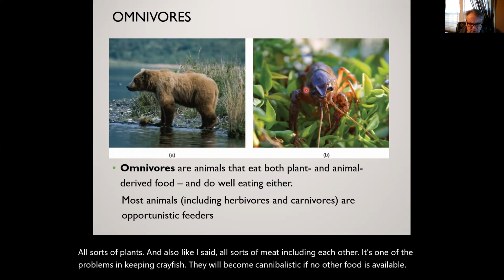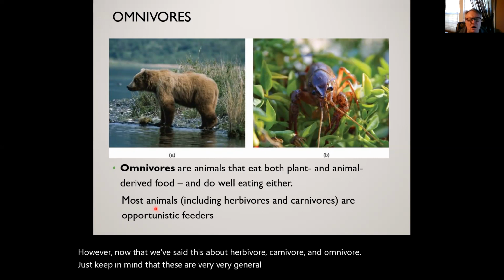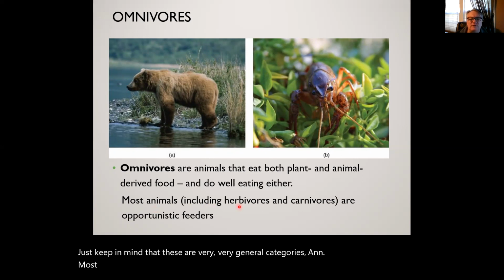However, now that we've said this about herbivore, carnivore, and omnivore, just keep in mind that these are very, very general categories. And most animals, including the herbivores and the carnivores, will eat any type of food if it keeps them alive. So it's called being an opportunistic feeder.